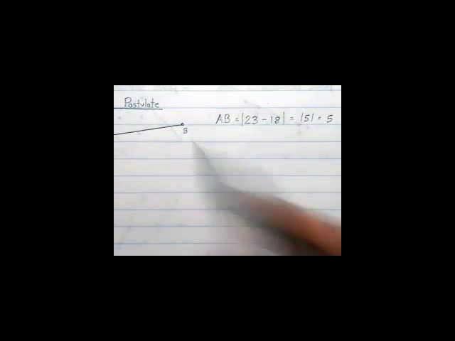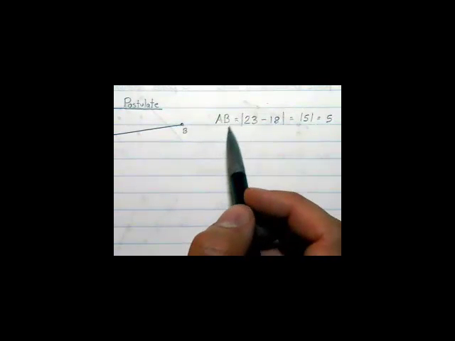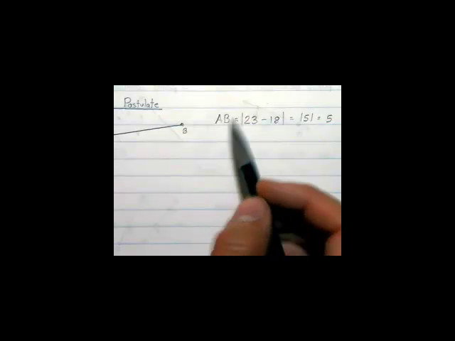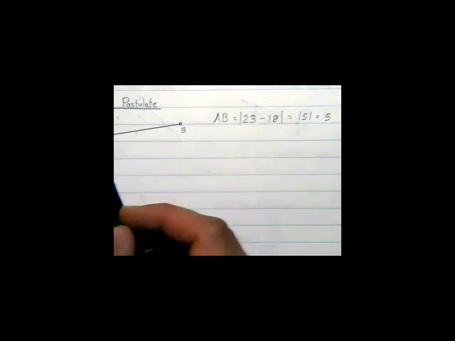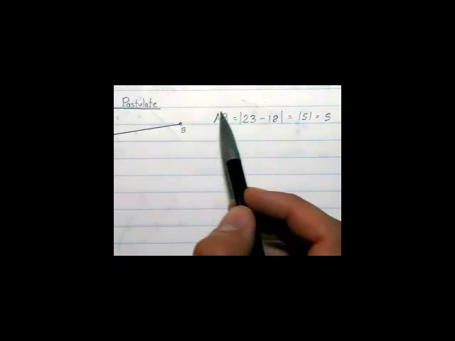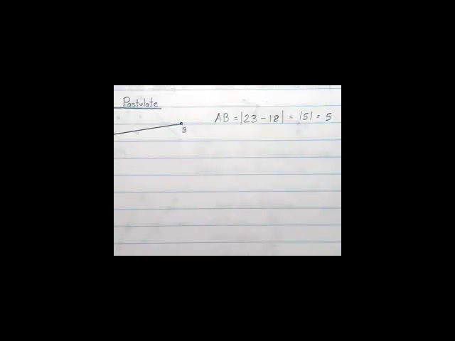Now, while we're doing this, though, it's important to note a little notation thing here with this. This AB. Notice how we're talking about line segment AB, but I didn't put the little bar on the top this time. Okay, do you guys know why I didn't do that? Okay, I'll tell you.